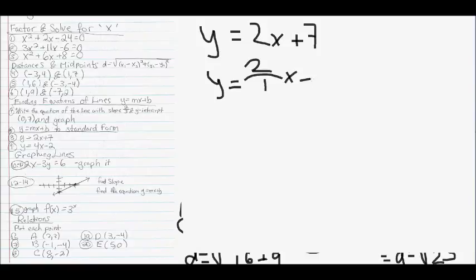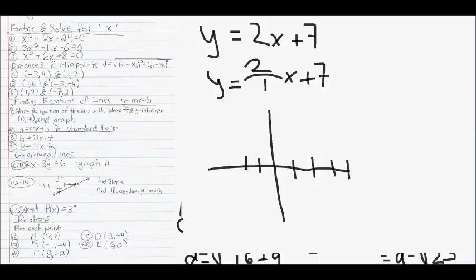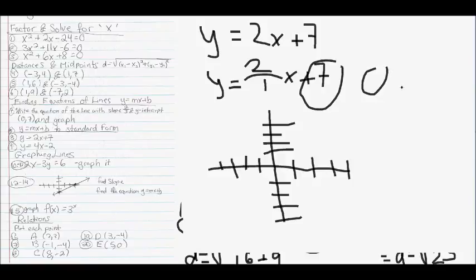So another way to write this would be y equals 2 over 1x plus 7. Let's draw our line. I'll have each line represent 2: 2, 4, 6, 8.